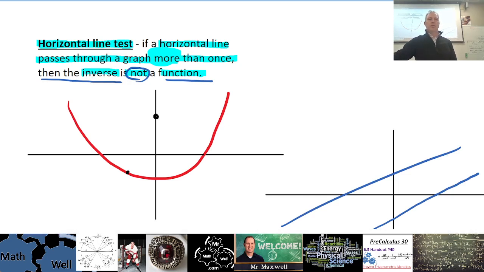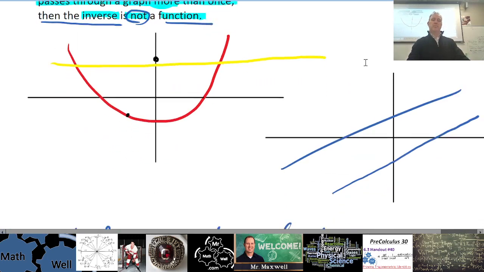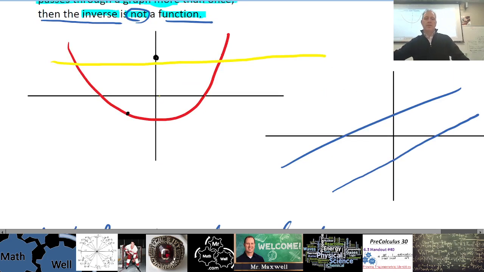Because if you think about it, okay, a horizontal line such as this one right here, if you were to take the inverse of this line, becomes a vertical line, right? So if this is the y equals x right here, the inverse of this yellow line becomes this vertical line.